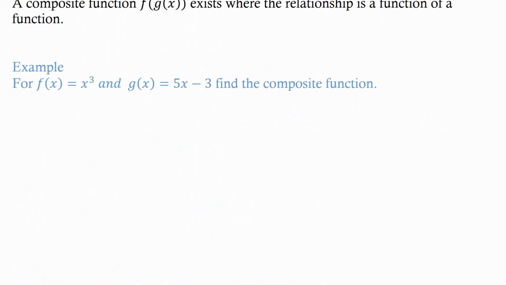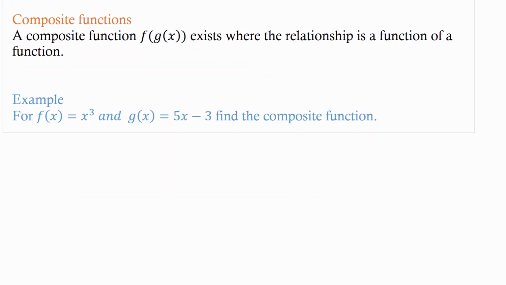The next one we're going to look at is what we call composite functions. A composite function is where the relationship is essentially a function of a function. If we want to find the composite function of this here, we're essentially saying we want to find f(g(x)), where all our x's in the original f(x) function are now g(x).